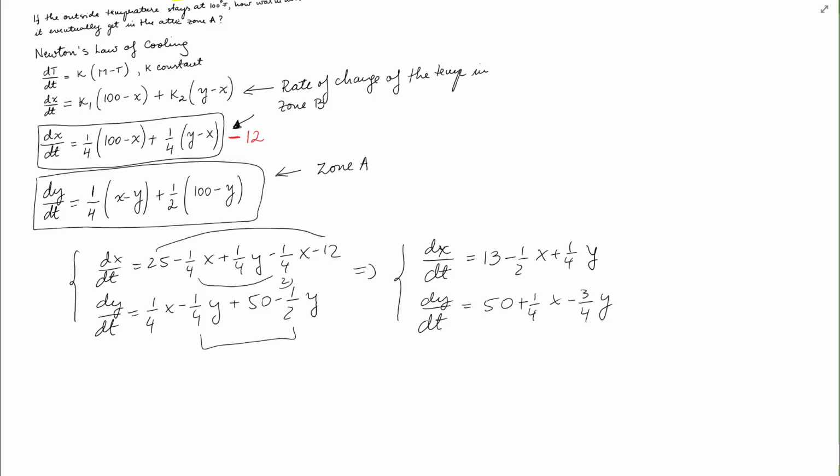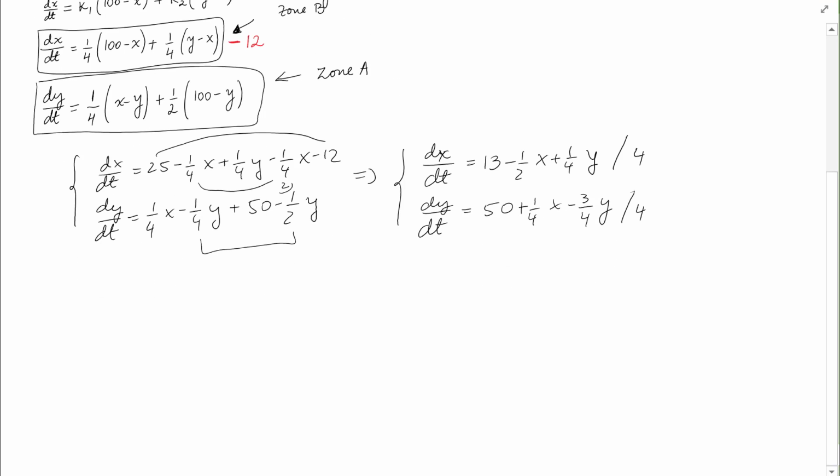Or we can multiply by 4 to get rid of the denominators. So we have 4 dx/dt equals 52 minus 2x plus y, and 4 dy/dt equals 200 plus x minus 3y.